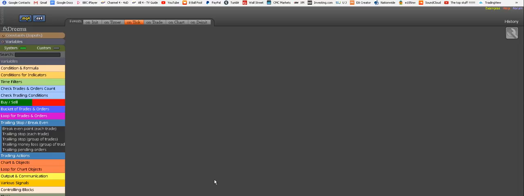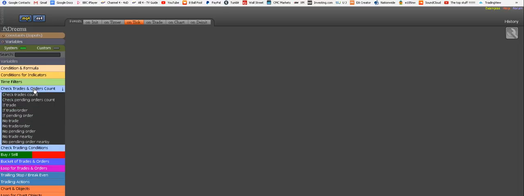And how do we build this robot? We need to go on to this tab here, which says check trades and orders. So we need a no trade condition to start with, which basically means that there is no trade already going on the chart that we're going to place this robot on. So it checks for trades, it says there is no trade, and now it needs rules and conditions to start buying and selling.